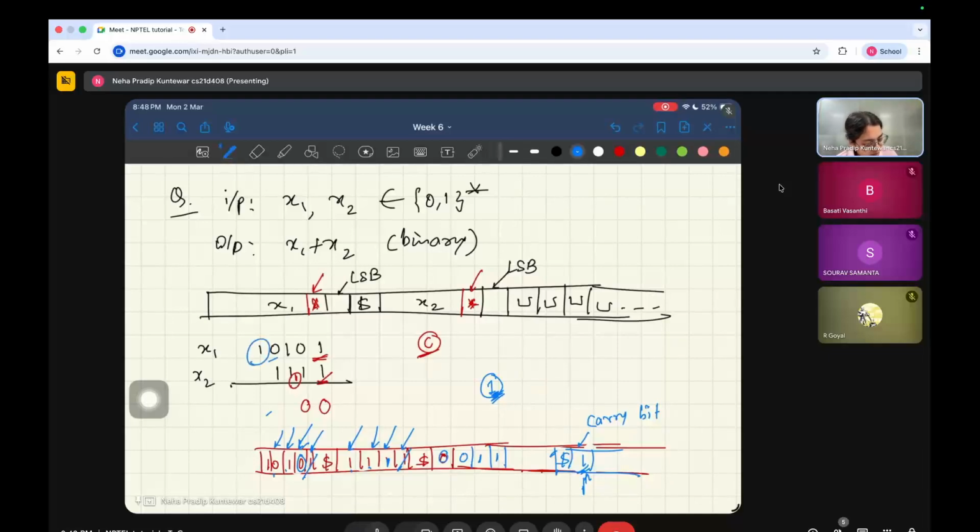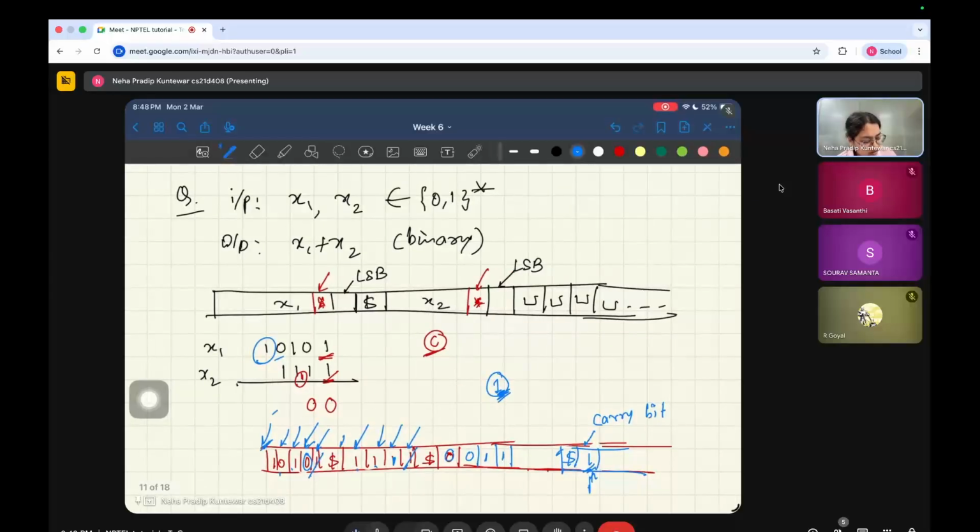Then you look at the MSB here, there is nothing here, so you are just going to add this bit and the carry bit, so that gives you 0 1.